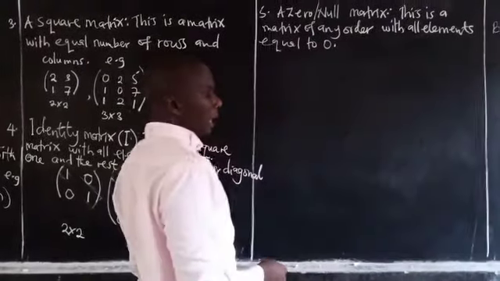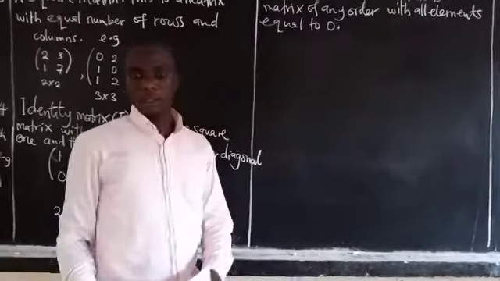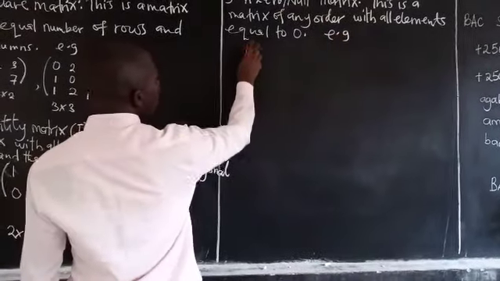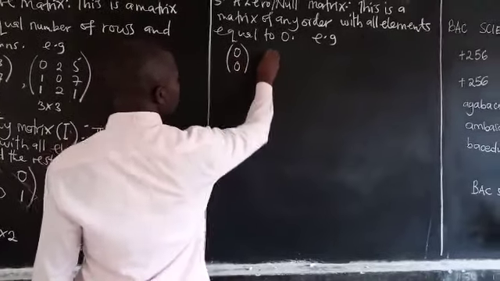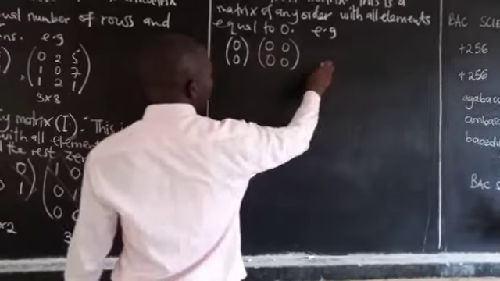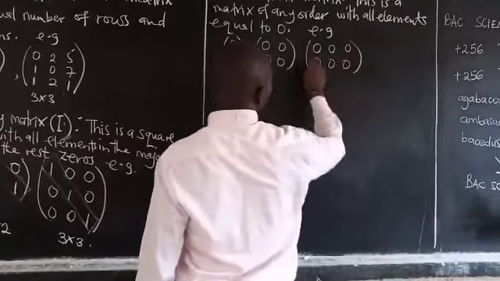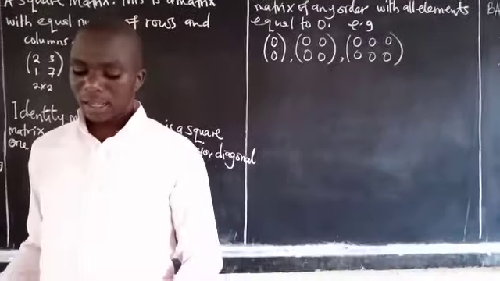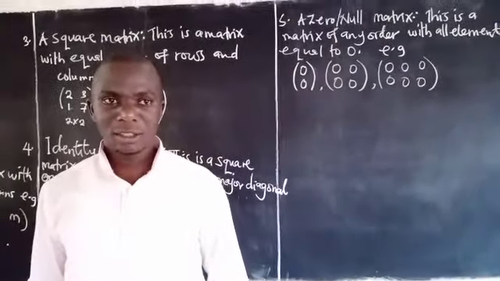And we normally denote it by letter O. But even if you don't do that, for example, this is a matrix, any order. This is a matrix. And etc. So, as long as all the elements are zeros, then that one is called a 0 matrix.